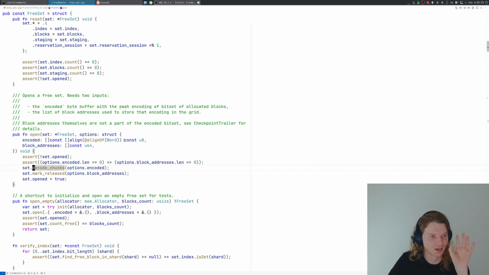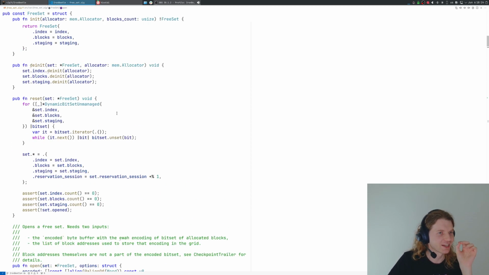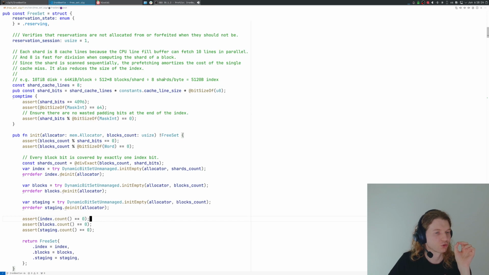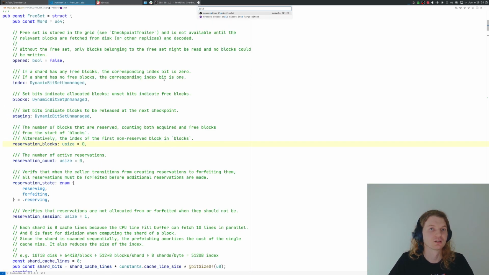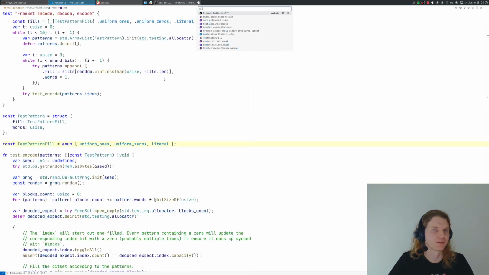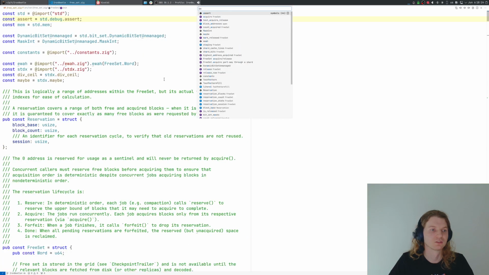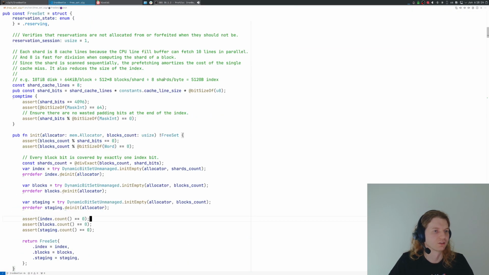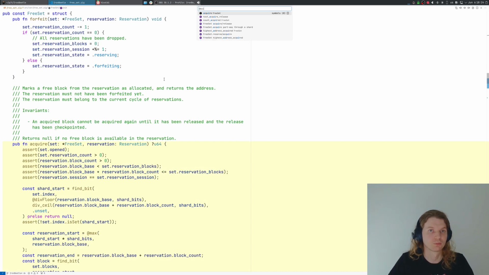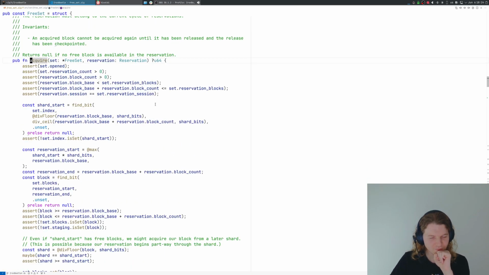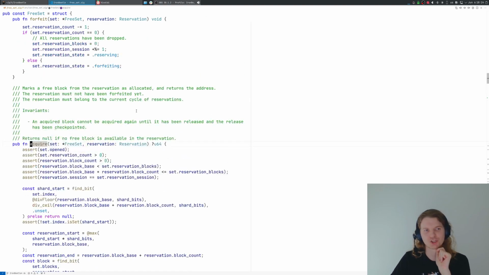But specifics we'll cover a little bit later. I guess what I want to show is the allocating, the acquisition process. Allocating blocks is called acquisition, and this is actually okay.